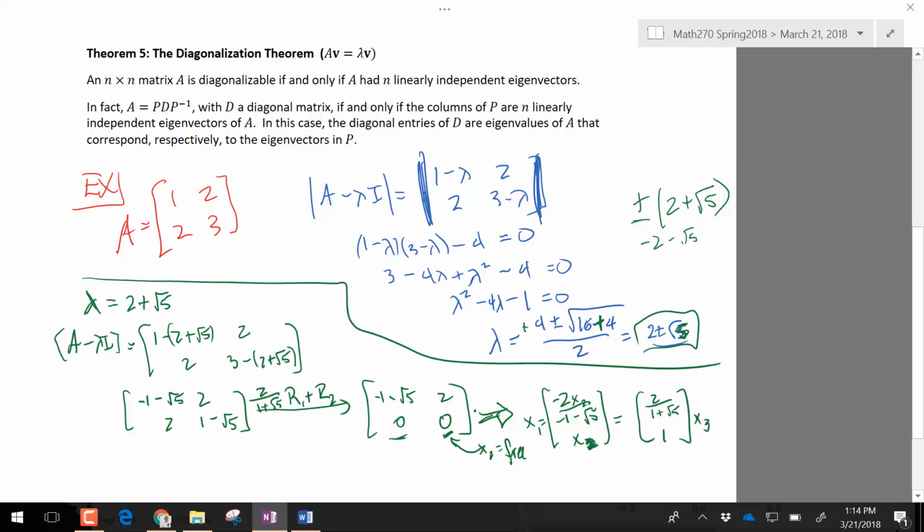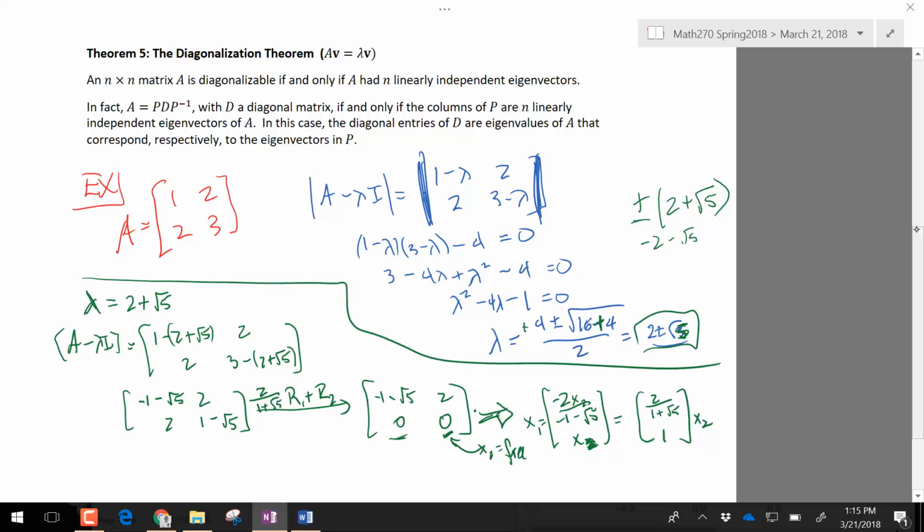So that can serve as your basis. Oh, it's good, you catch those mistakes. So this would serve as a basis for the eigenspace that spans the eigenspace for this particular eigenvalue.